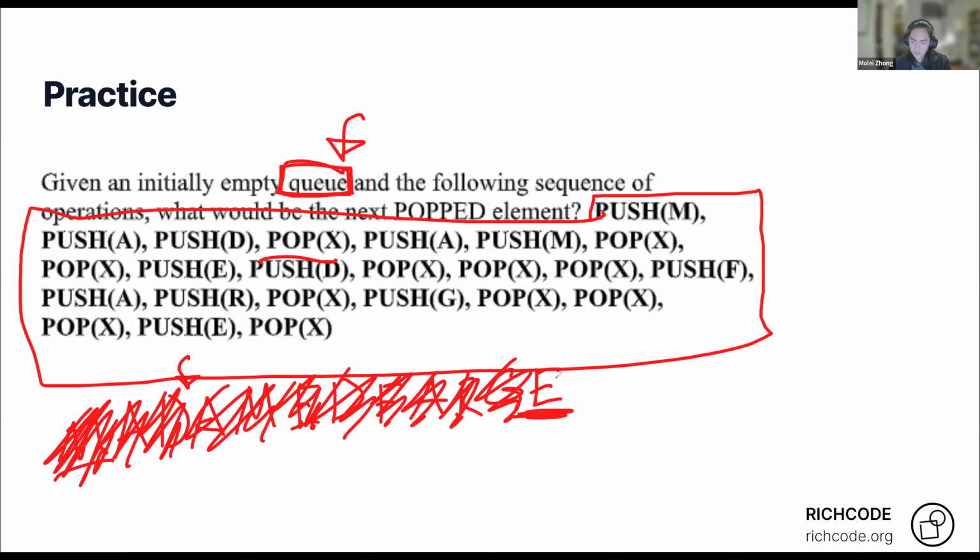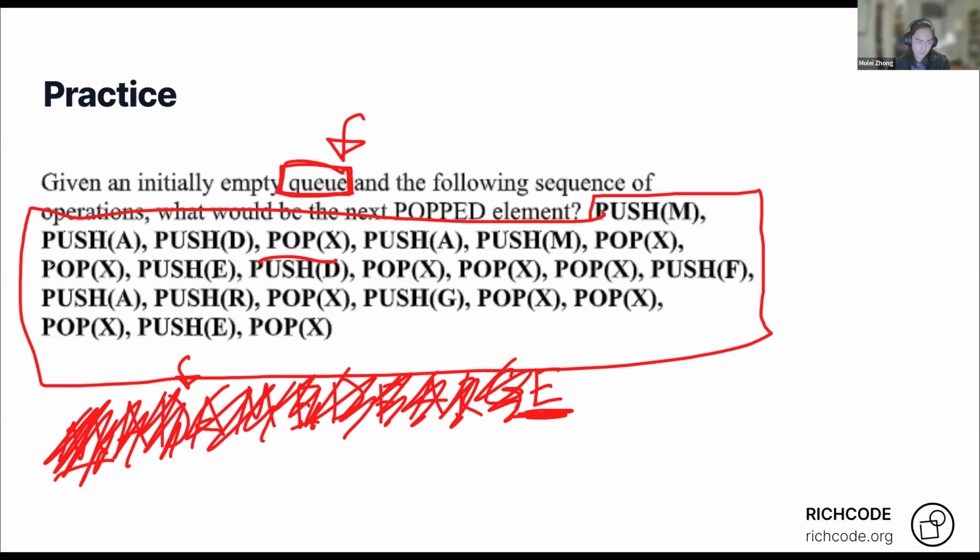I remember earlier, Catherine mentioned something about counting the total amount of pops and taking that from the end. While that doesn't work with a stack, because you can end up taking elements in between, this will actually work with the queue because it will always be taken out in the order that you put it in.